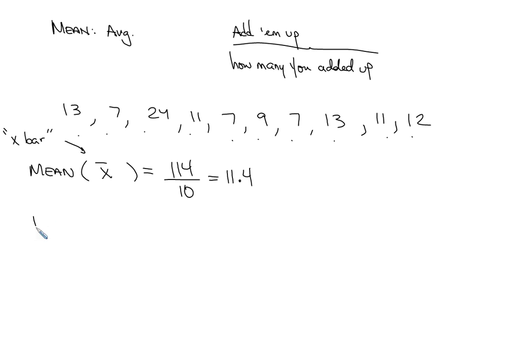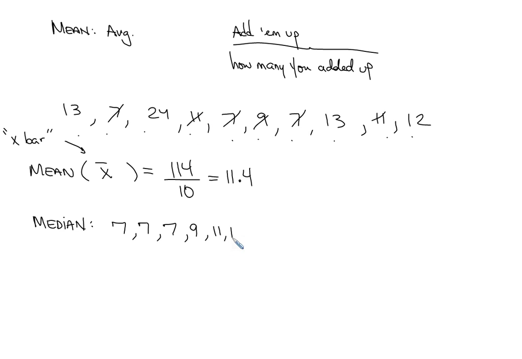Now, the median requires that we put these in order. Otherwise, the middle value would have absolutely no meaning. So, the smallest number here is 7, and we have 3 of them. Notice I crossed them off. I highly recommend that when you write down a number, you cross it off of your list so that you know if you used them all or if you left something out.